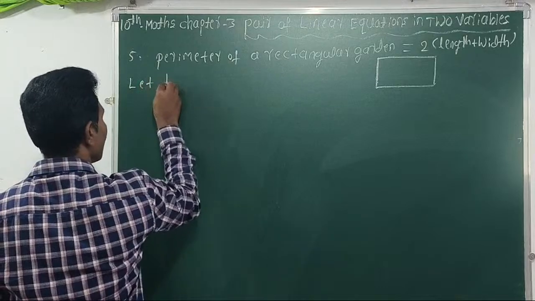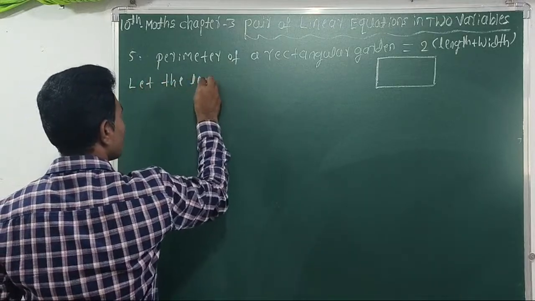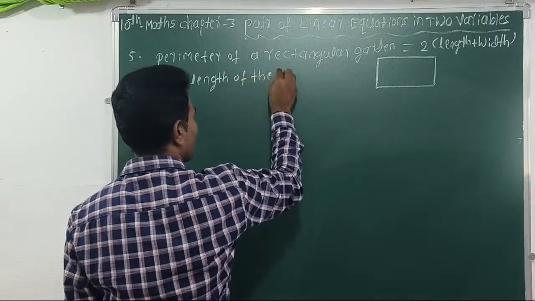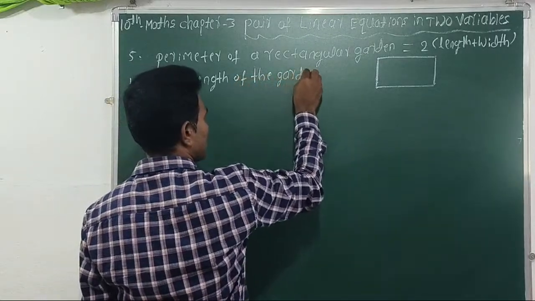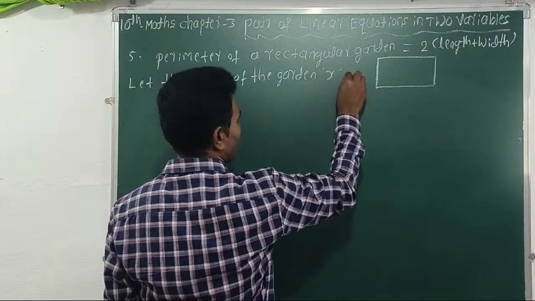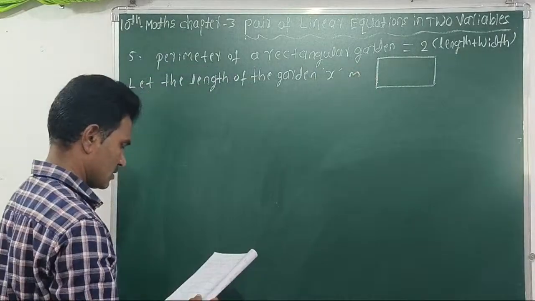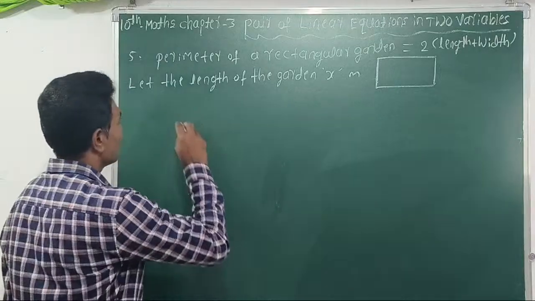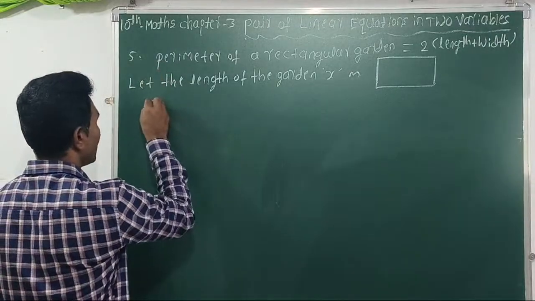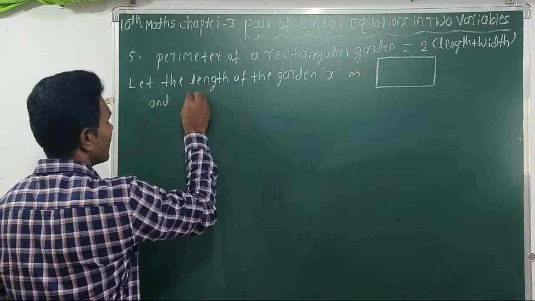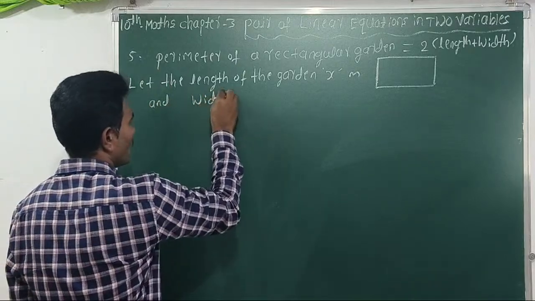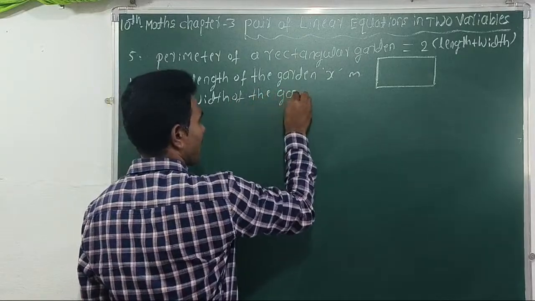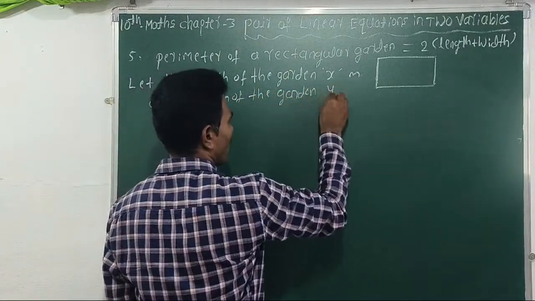Let the length of the garden be x meter and its width be y, and let width of the garden be y meter.